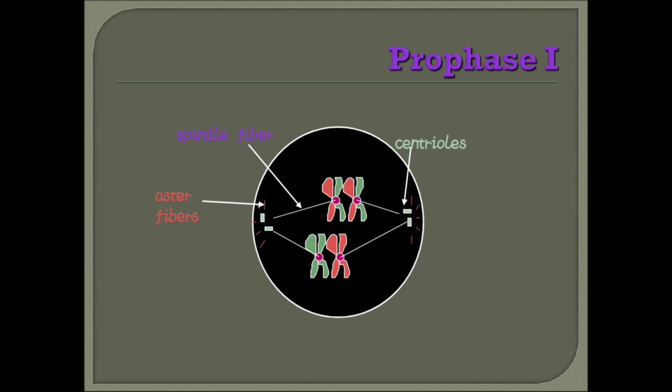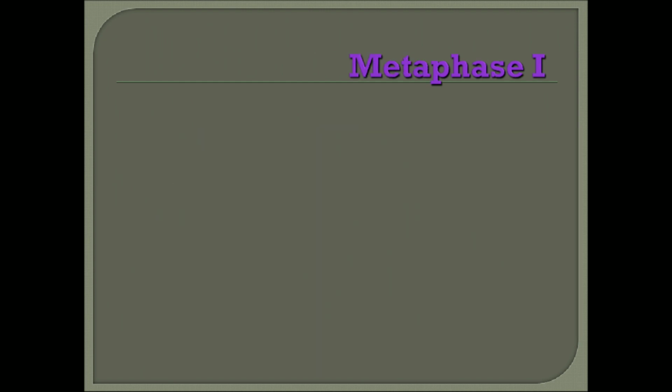So friends, we have observed prophase first. Now let us discuss metaphase first. Metaphase means the chromosomes arrange on the equatorial plate. It is the shortest phase, and spindle formation appears here.